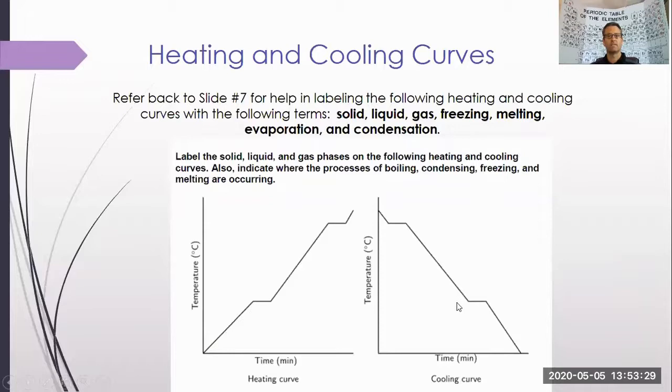Here would be freezing. For both graphs, it's the same in terms of gas on the top, liquid in the middle, and solid on the bottom. Then on the heating graph, this line would be vaporization or boiling. This line would be condensation, and this line would be freezing.